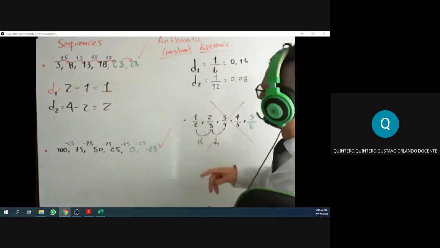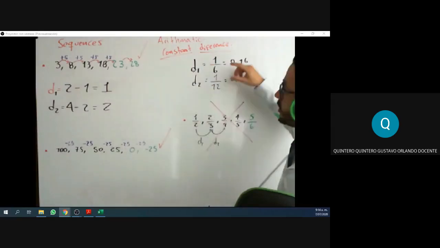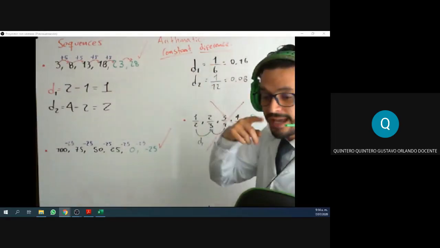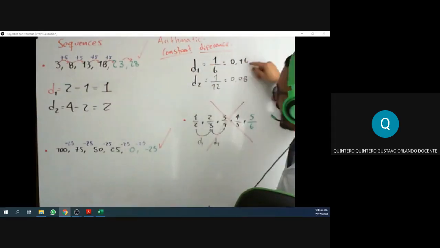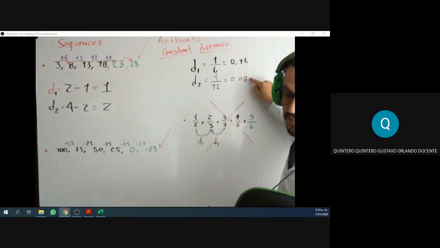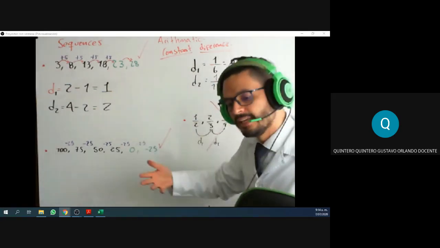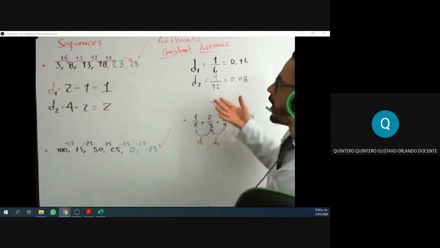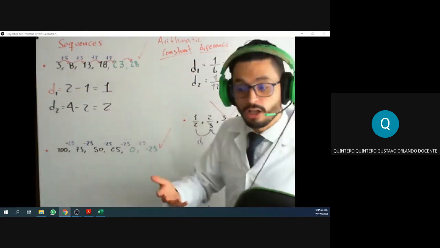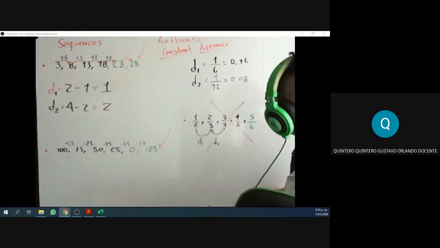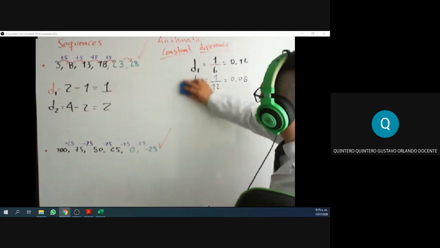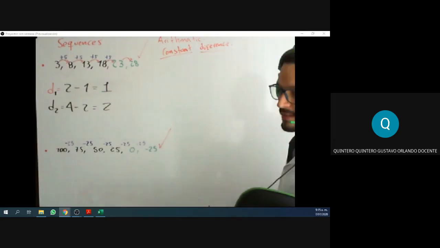All right, let's continue. So yes, Paul, you can have decimals in the differences and you can just look and analyze the differences. In this case, this difference is not the same as this, right? Differences are different, so not an arithmetic sequence. But you can also have a sequence that contains decimals.